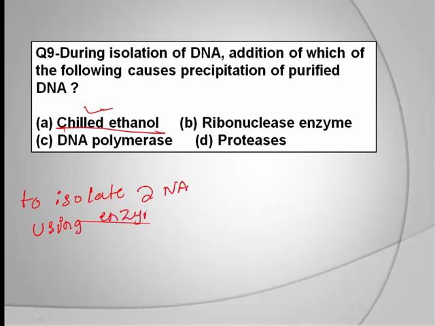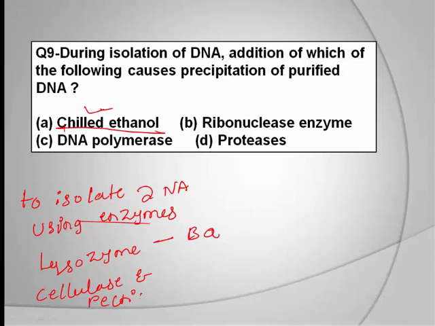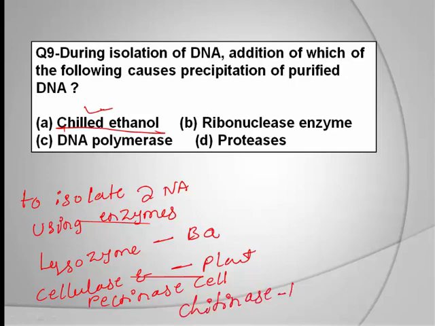Lysozyme to isolate the DNA of bacterial cell, cellulase and pectinase to isolate the DNA of plant cell, and one more enzyme we can make use of is chitinase to isolate the DNA of fungi.